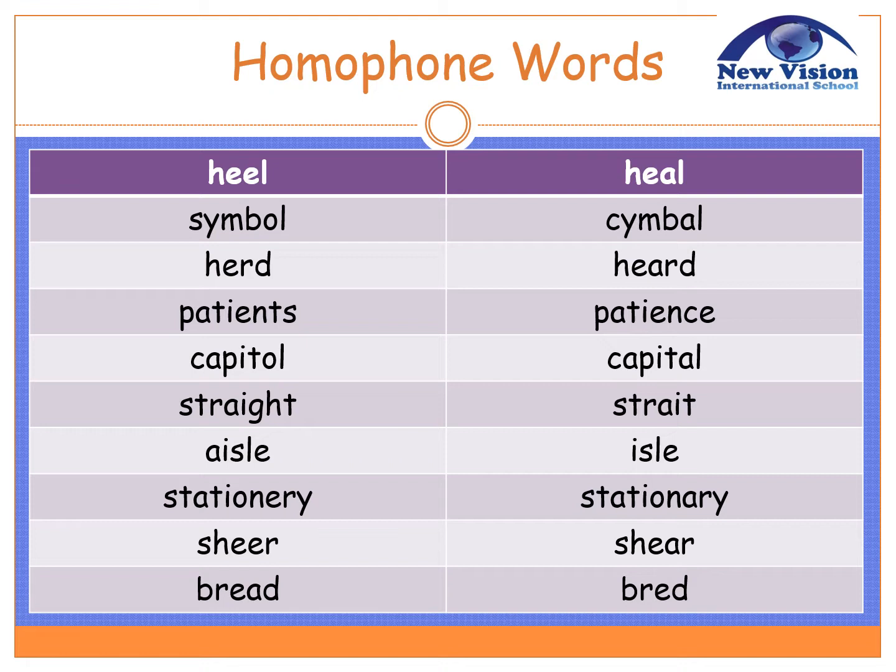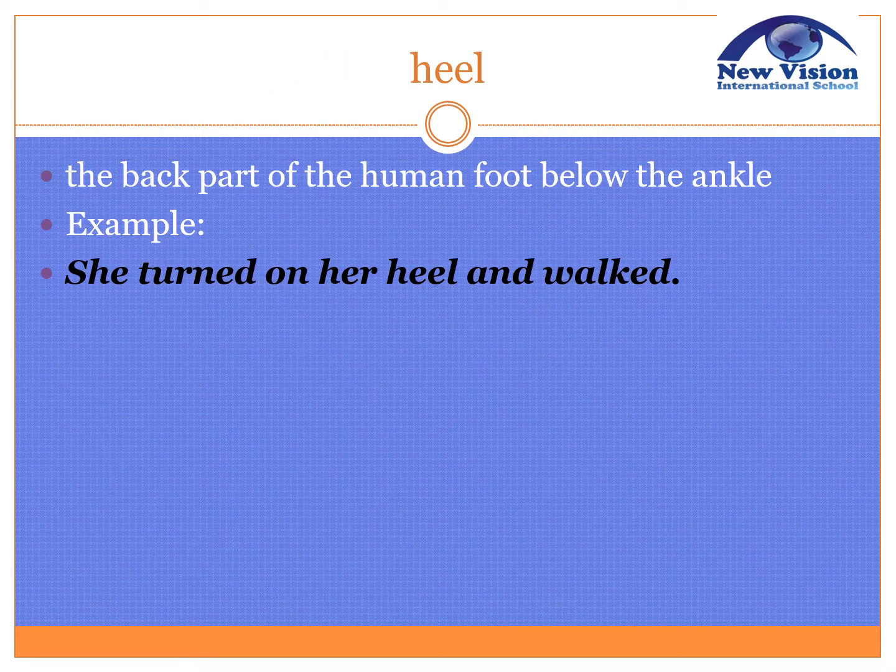Listen very carefully because, as I have mentioned a while ago, these are homophone words. What do we mean by homophone? Let's try to define the words one by one. Heel means the back part of the human foot below the ankle.